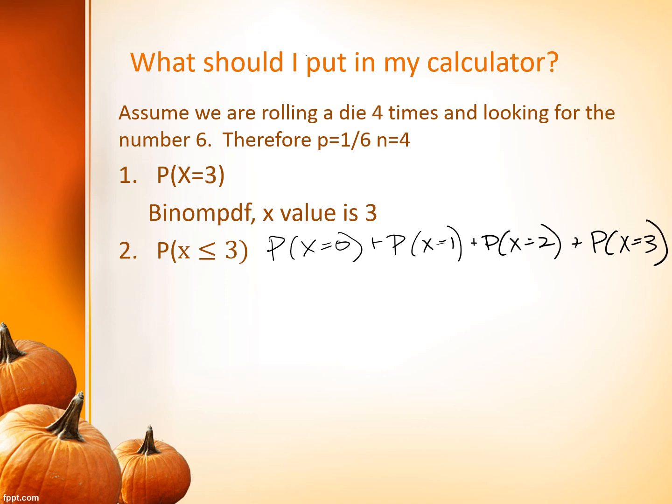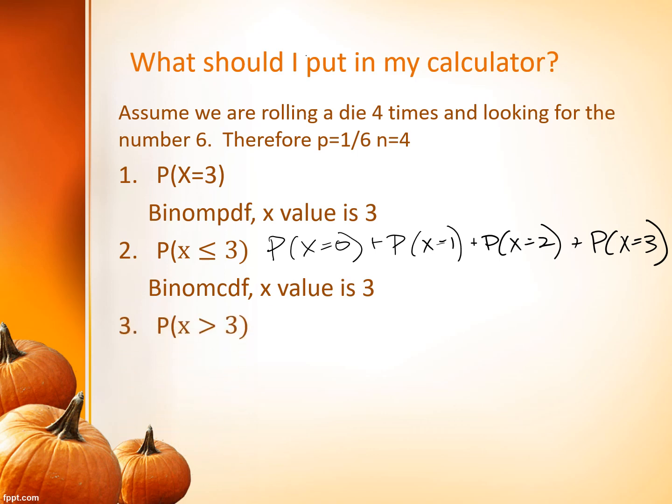So in this case, I want a range. So think, is it binomial PDF or is it CDF? If it's a range, I want CDF. But the question is, what is the value? When I'm using CDF, the value is always less than or equal to, so this X value is also 3. So it would be binomial CDF this time, and my X value is 3.